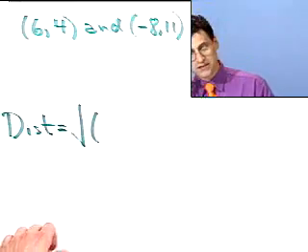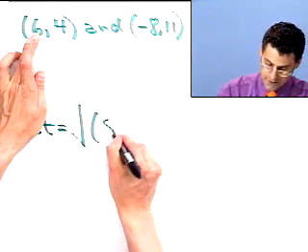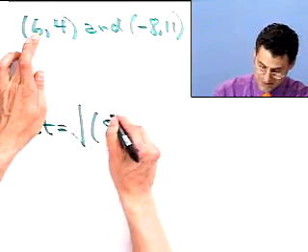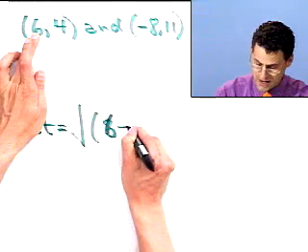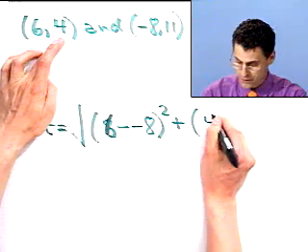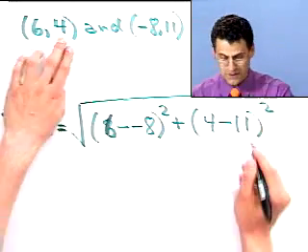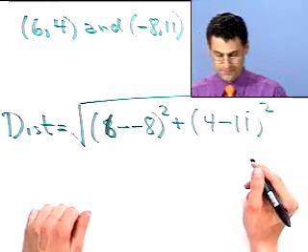Now, the important thing here is to always subtract sort of this x from, let's say, that x. So that would be, whoops, I'm writing the wrong thing. 6 minus negative 8 squared plus 4 minus 11 squared. Notice I'm subtracting these points from these points.